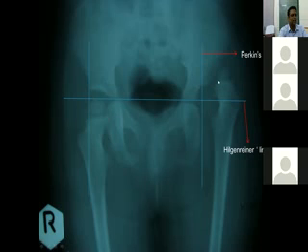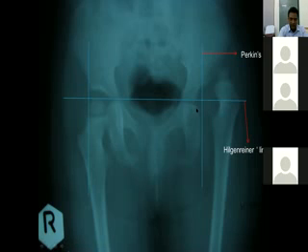Whereas on the dislocation side, it will be in the outer and upper compartment. Compared to the normal side, the femoral epiphysis size will be reduced, and there will be a migration of the trochanter proximally.